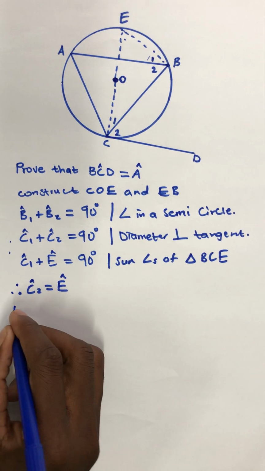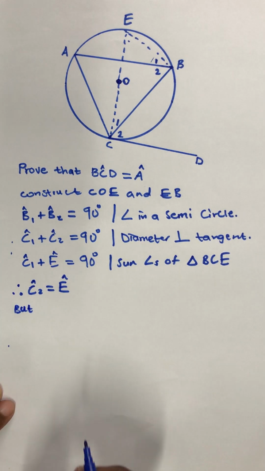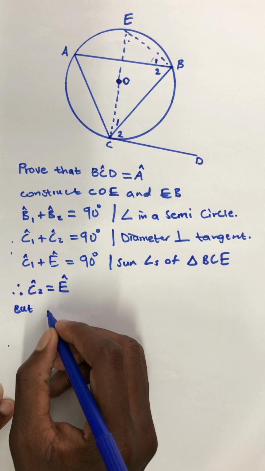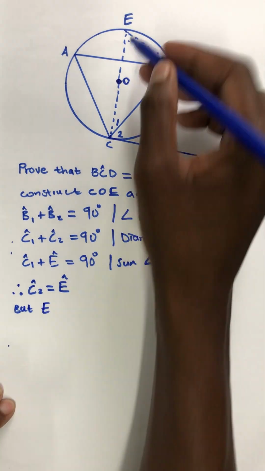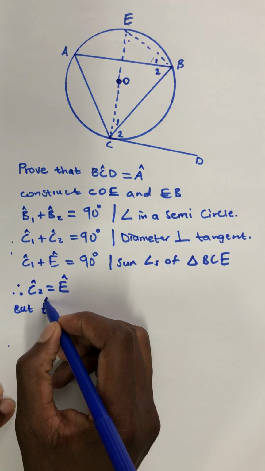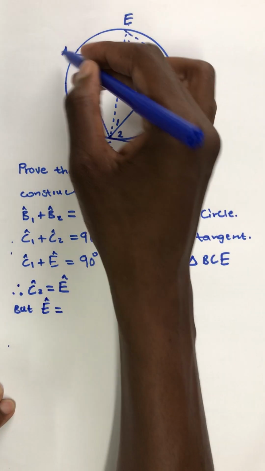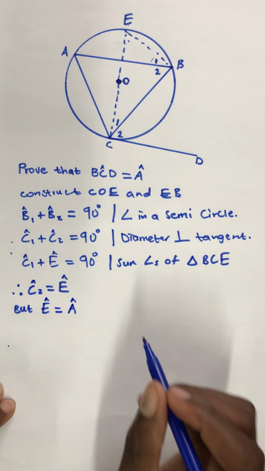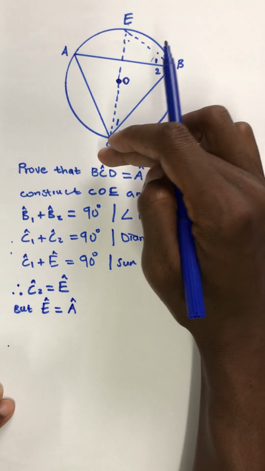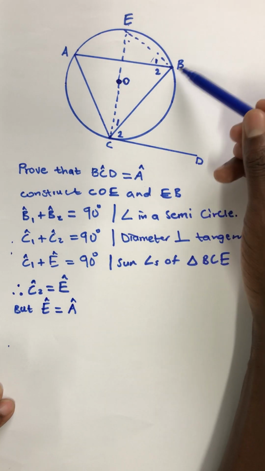But angle E is equal to angle A. Why? Let's check. We have this chord BC.